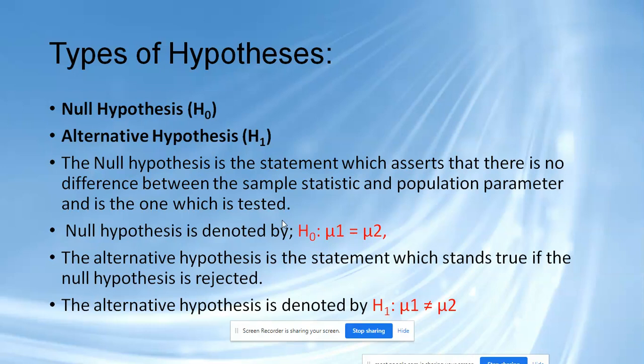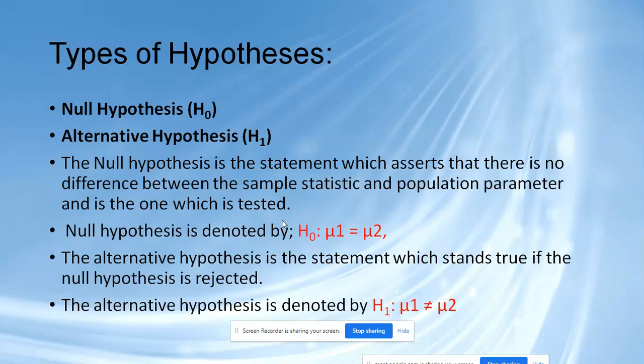So what is the null hypothesis? The null hypothesis is the statement which asserts that there is no difference between the sample statistics and the population parameter, and is the one which is being tested. So in the null hypothesis we state that the mean of the sample is equal to the mean of the population.